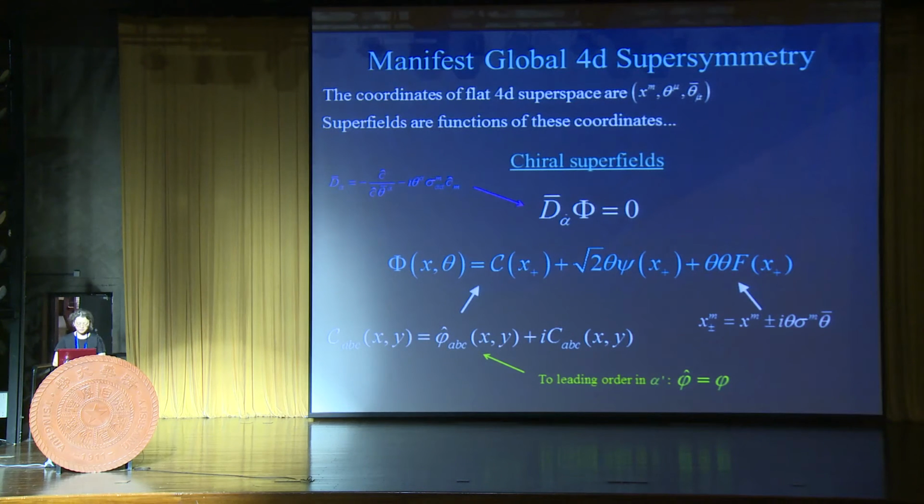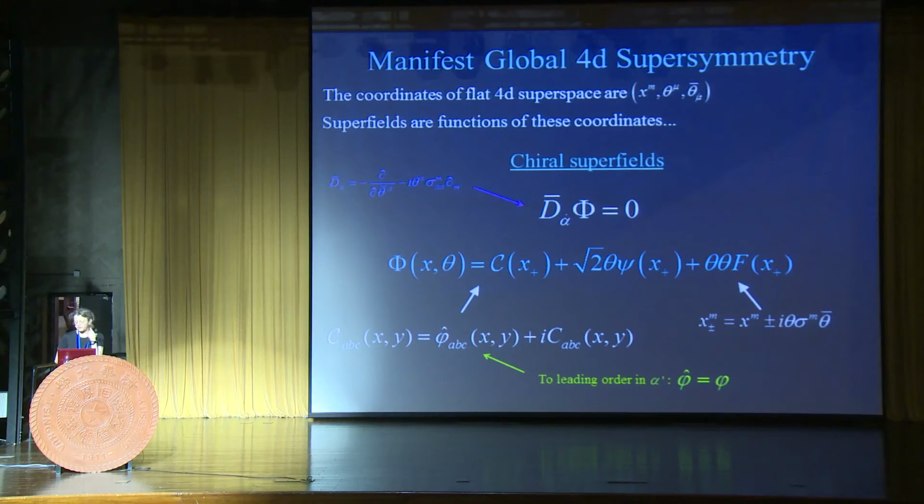Now, the bottom component is something that I call phi hat here, phi hat plus i c, the three-form with indices on the internal space. Now, this object phi hat to leading order in alpha prime will be our calibration, will be phi, but to higher order in alpha prime, we will need corrections, as I'm going to explain.